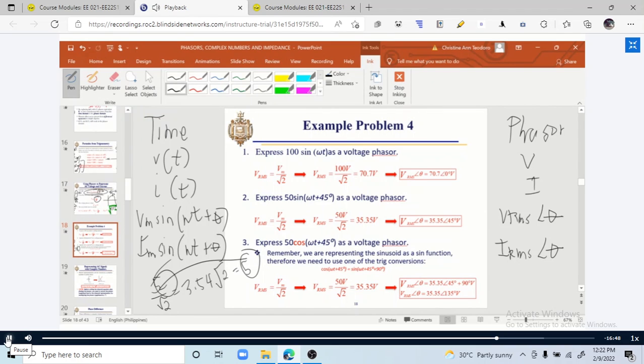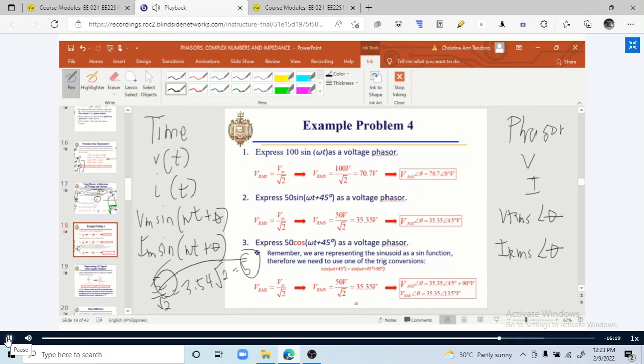Did you get it? It seems like we are just canceling the length of the process. Did you get what I mean? That's why in other books, they are no longer converting VM to VRMS or VRMS to VM, because at the end of the day you will come up with the same answer in the short format.